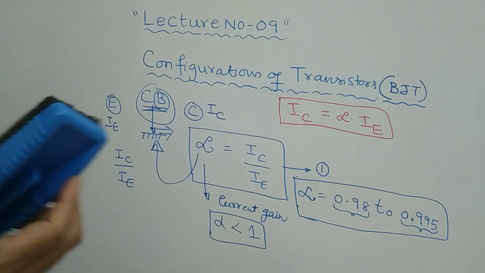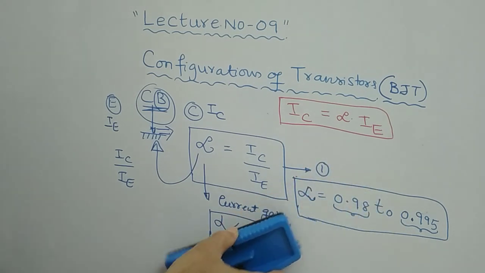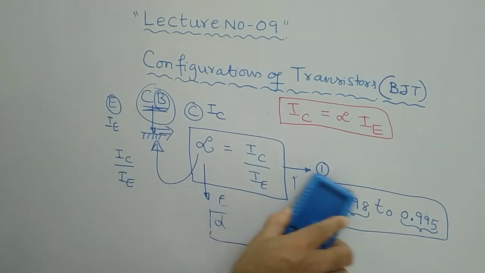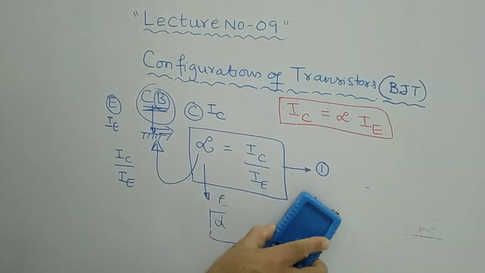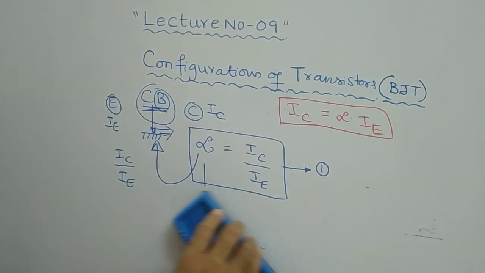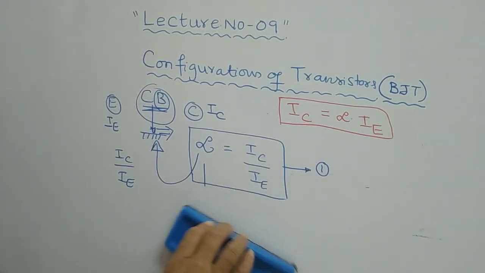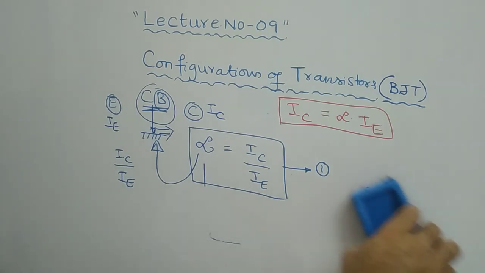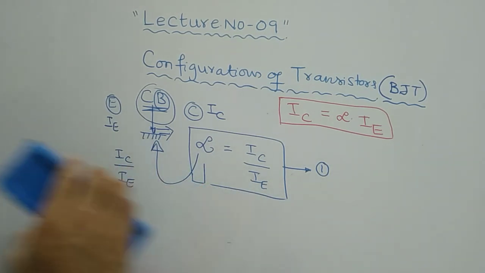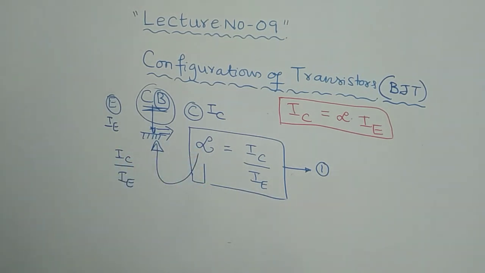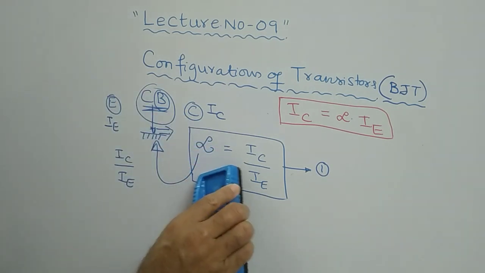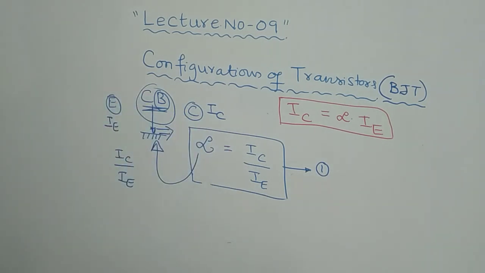Let us see. Considering the equation alpha is equal to IC by IE as equation number 1.